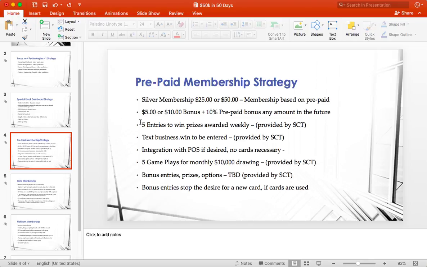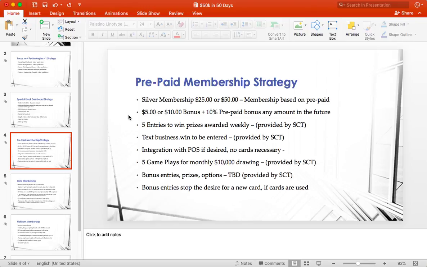Now, the prepaid membership strategy is this. We simply use money that people give you in advance as becoming the member into that class. Let me repeat that. The way somebody becomes a silver member or a gecko member or whatever the name of the business might be, if it's a bowling center like Indian Lanes, like L&J Lanes, rather than a silver member, we might have it be a gecko member or LJ Lanes member.